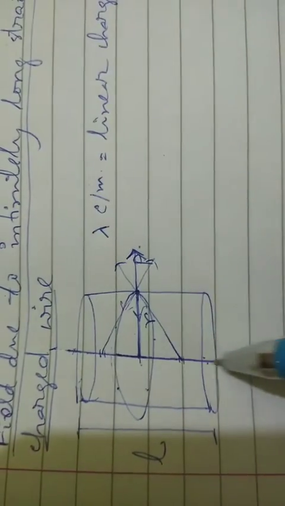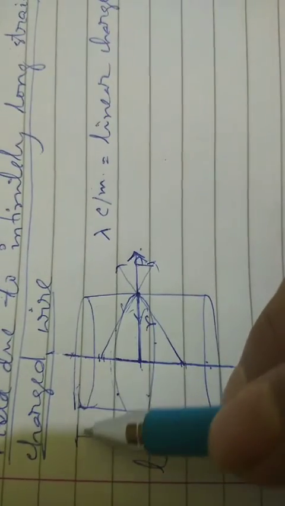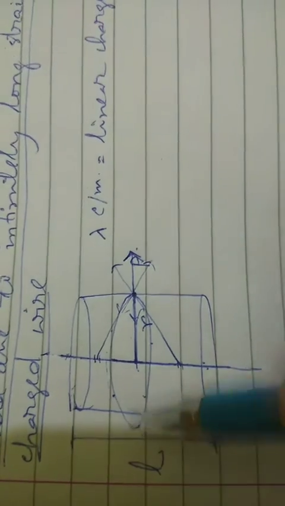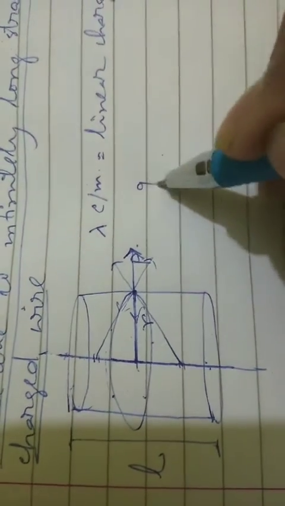The total charge inside the Gaussian surface, the charge is on this wire, and the Gaussian surface is of length l, so the charge inside is Q equals lambda l.